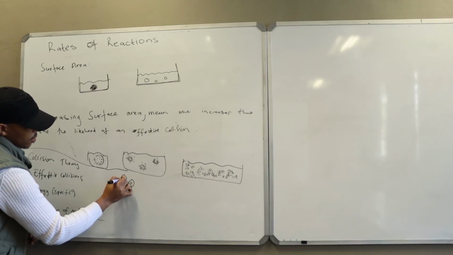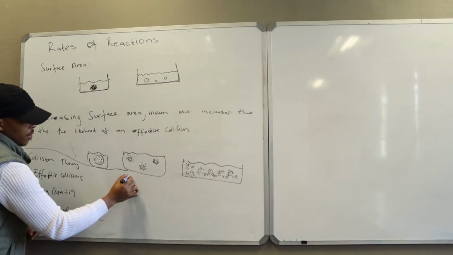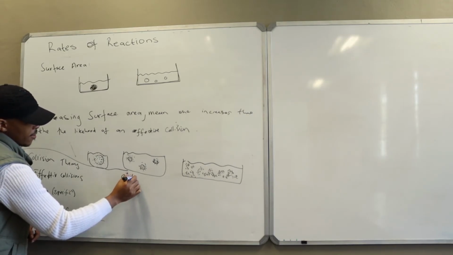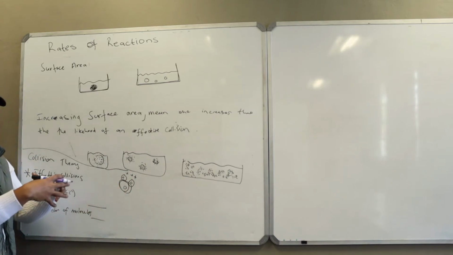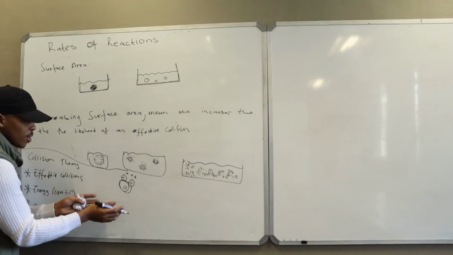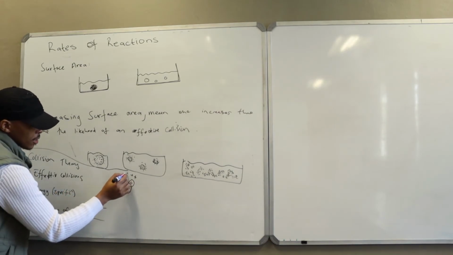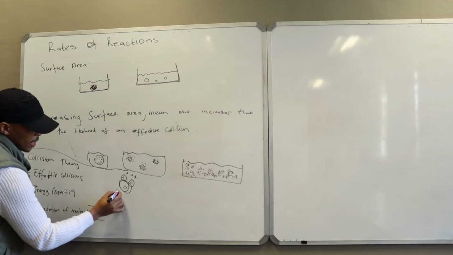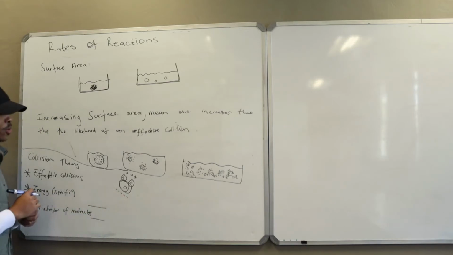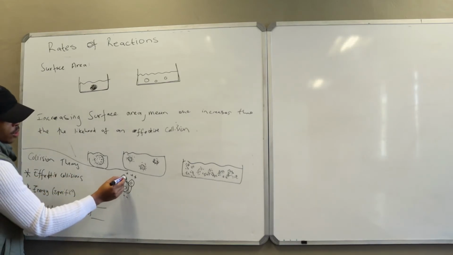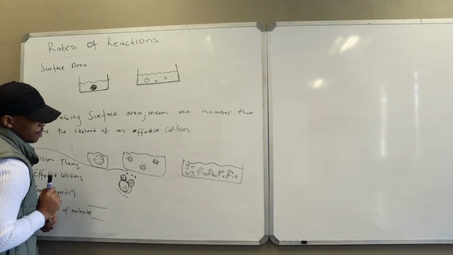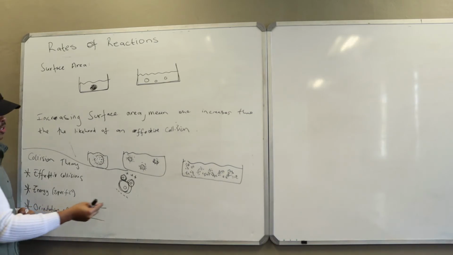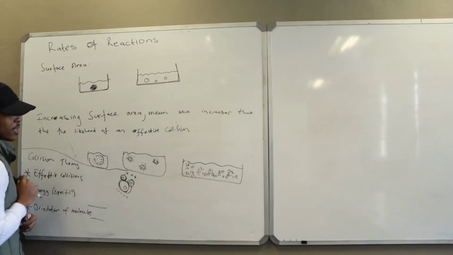If you check the polarity, which is basically the distribution of charge around the molecule, we'd find that this side is more positive and this side is a bit more negative, because there are bonds there with hydrogen, and here there are effectively no bonds. So this side is more positive and this side is more negative.